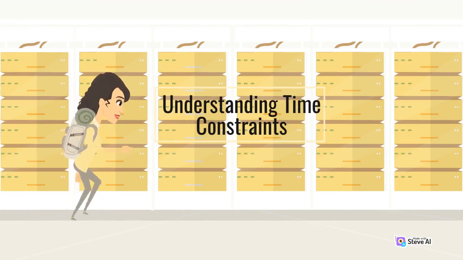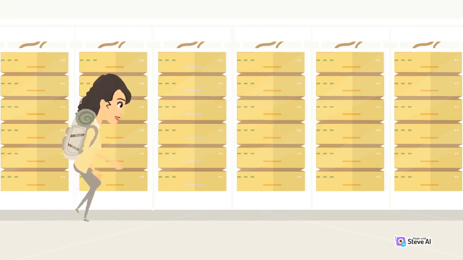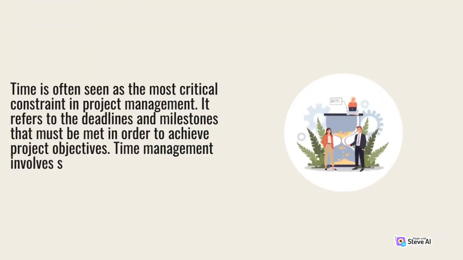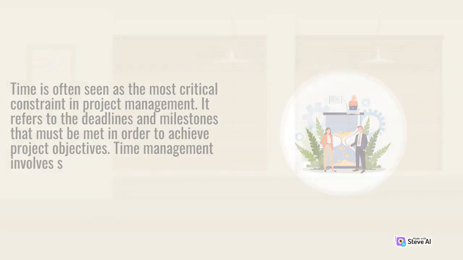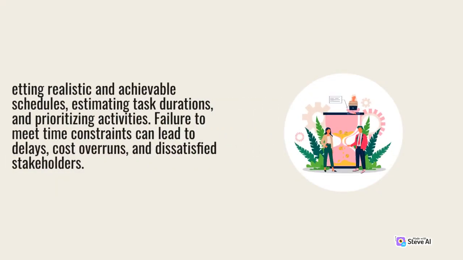Understanding time constraints. Time is often seen as the most critical constraint in project management. It refers to the deadlines and milestones that must be met in order to achieve project objectives. Time management involves setting realistic and achievable schedules, estimating task durations, and prioritizing activities.